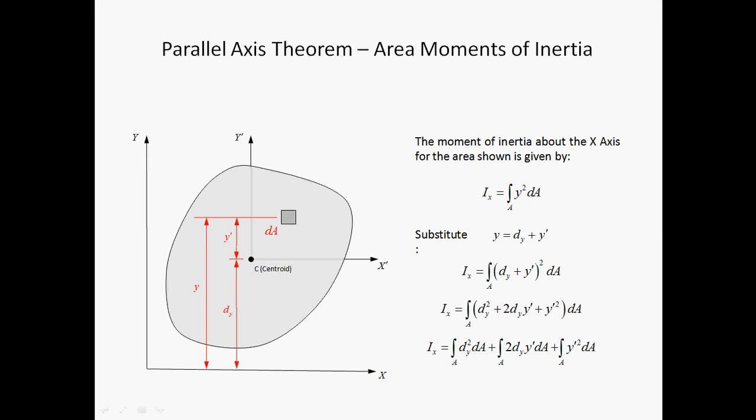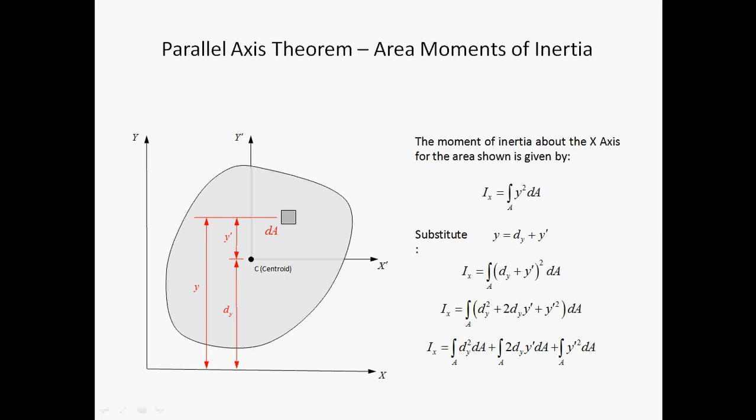In this irregular figure, we have considered the area dA, and this elemental area is located at a distance of y from the x-axis. We calculate the moment of inertia about the x-axis for the area shown in this figure.